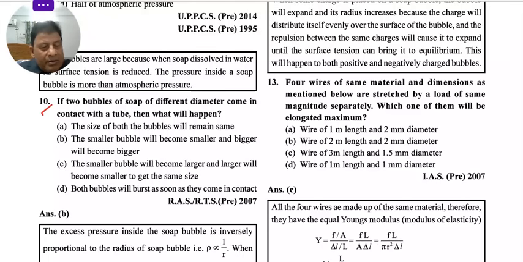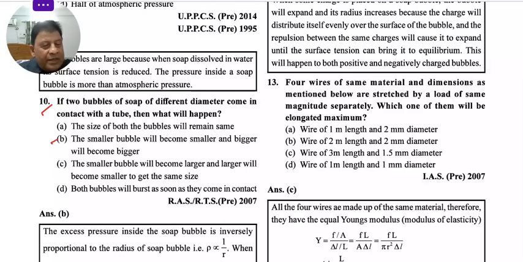The smaller bubble will become larger and larger will become smaller, to get the same size, ये भी नहीं होगा. Both bubbles will burst as soon as they come in contact. ये भी नहीं होगा. The right response आपका B होगा, याद रखिएगा.